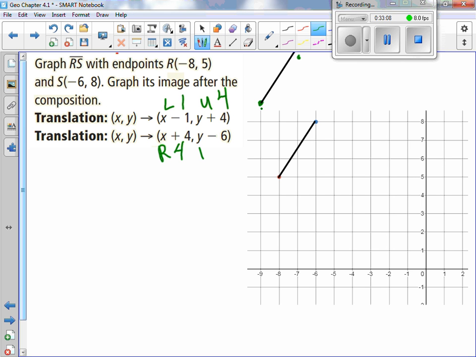Negative 6 on the y would be down 6 because it is negative. So from our point here, we would go 1, 2, 3, 4, and down 1, 2, 3, 4, 5, 6.